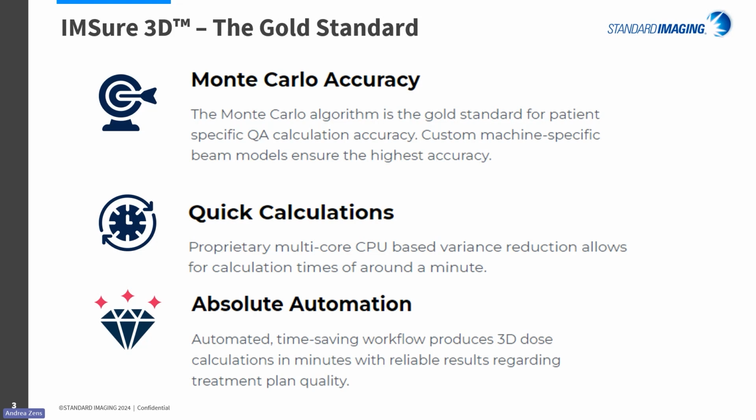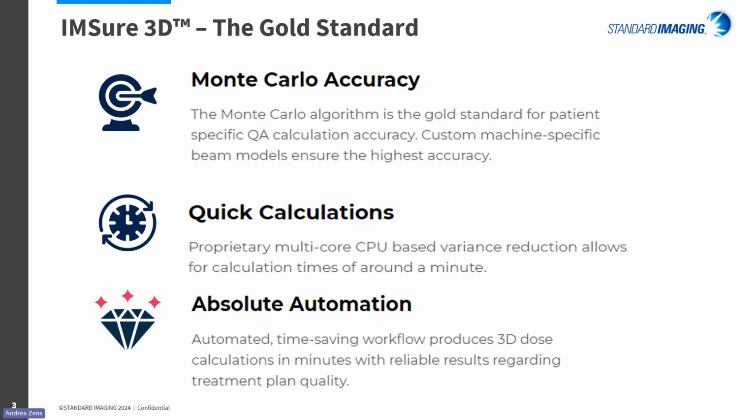So let's start with our 3D plan check software, IMSure 3D. There are three key strengths to this software. First, Monte Carlo accuracy. The Monte Carlo algorithm is the gold standard for patient-specific QA calculation accuracy. Second, quick calculations.